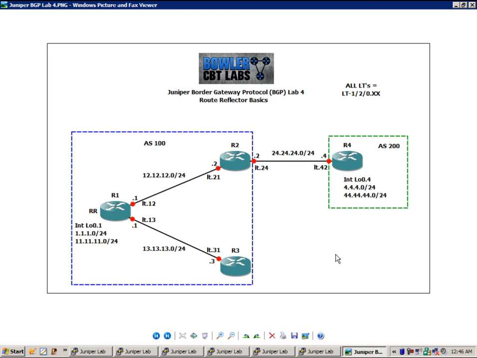Just real quick, I'll tell you why you use them. Logical systems allow us to have multiple virtual routers in one physical Juniper router.